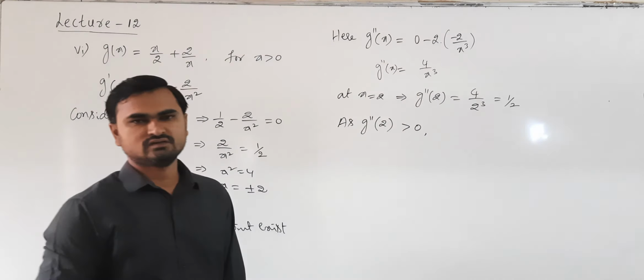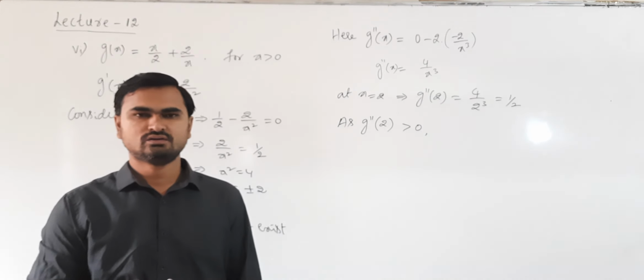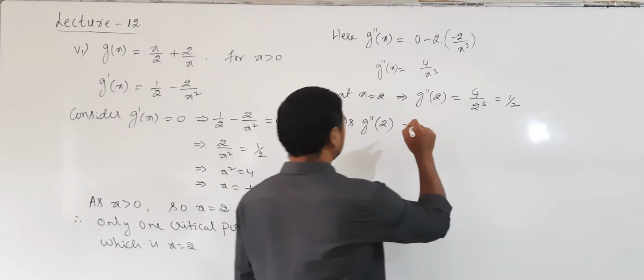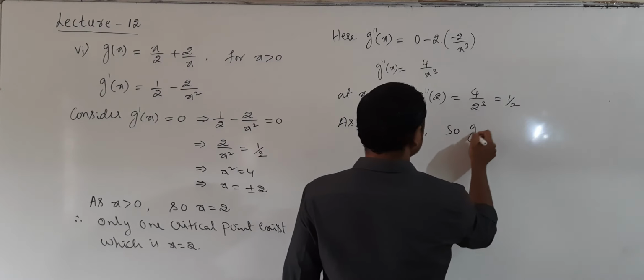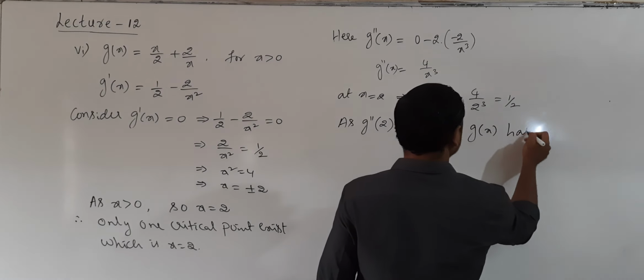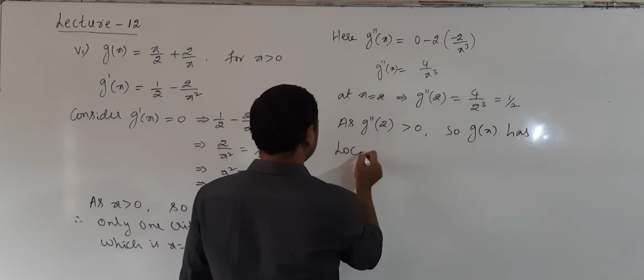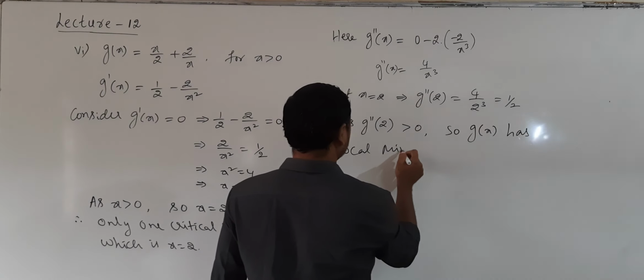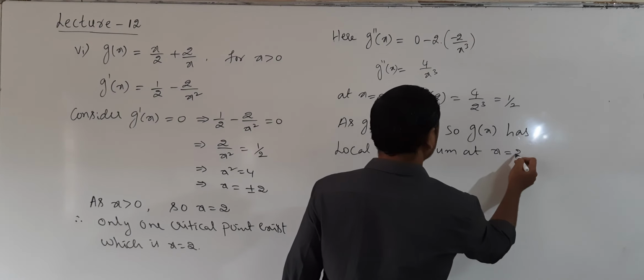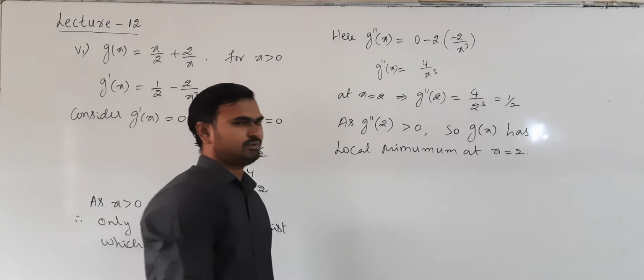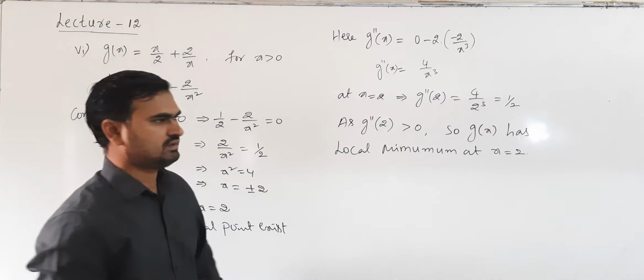A positive second derivative means the function will have a local minimum value. As g double dash 2 is greater than 0, g of x has a local minimum at x equal to 2.